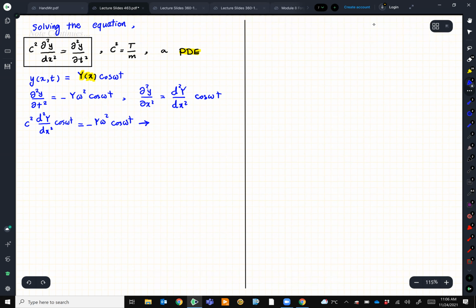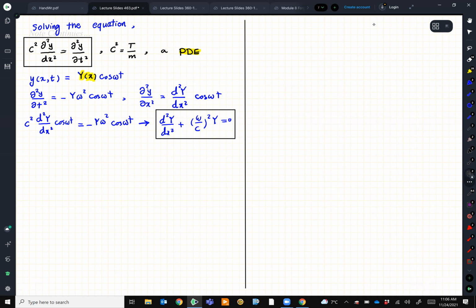Let's simplify this equation. We will get d2Y over dx squared plus omega squared divided by c squared Y equal to 0. Right. So now this is an ODE. It just depends on one variable. This is an ODE, and we know how to solve ODEs.